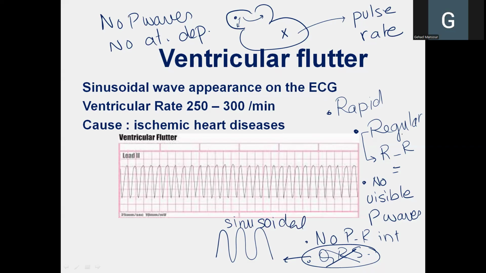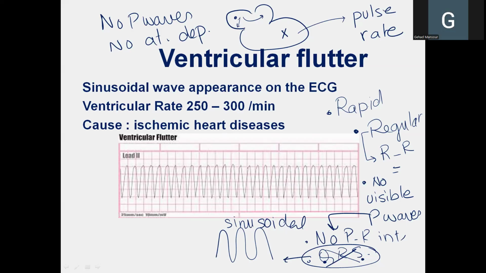It's a regular rate as indicated by equal RR intervals. There are no visible P waves, so there are no PR intervals. We cannot identify Q waves nor S waves, so we don't have QRS complexes. We have tall sinusoidal waves. The most common cause is ischemic heart disease, not enough oxygen reaching the myocardium.